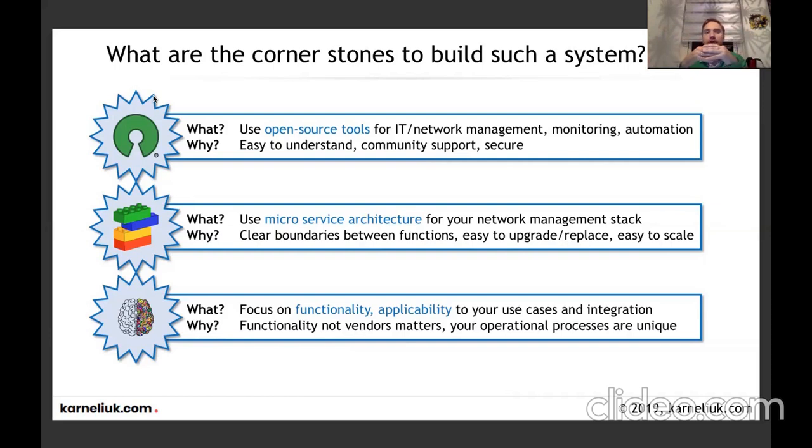Why is it important? Because different companies might have different scaling requirements, or would need a different instance of one piece of the application, especially for collection of information, like collecting information from SNMP or telemetry or syslogs or different protocols.